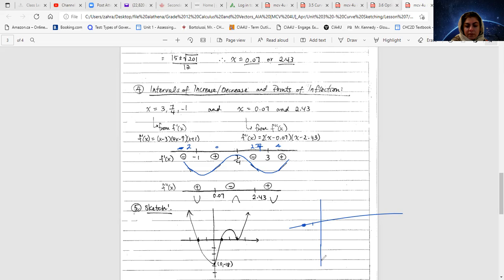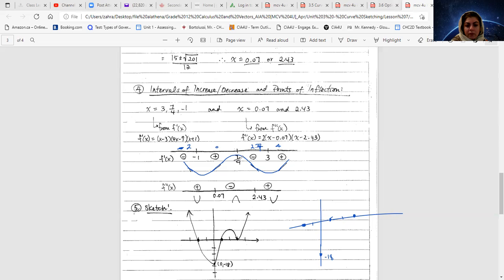The y-intercept we got, we put x as 0 in our function, and then we see that is -18. So this is the y-intercept. Here is 1 of the zeros, 2, 3 is another zero. You see, since we had a minimum at what point? 7/4, right?